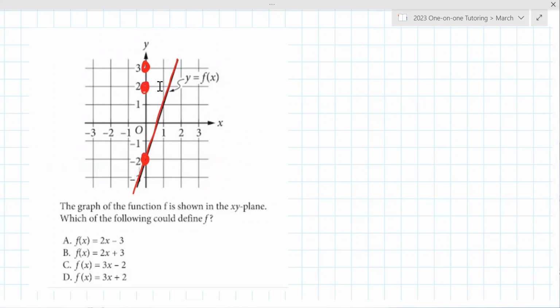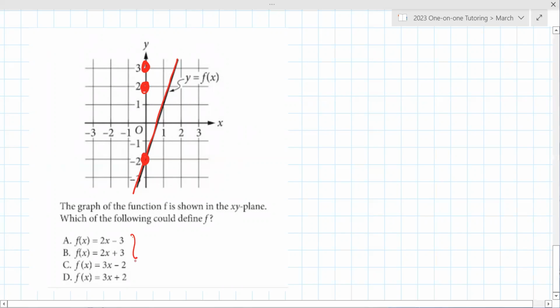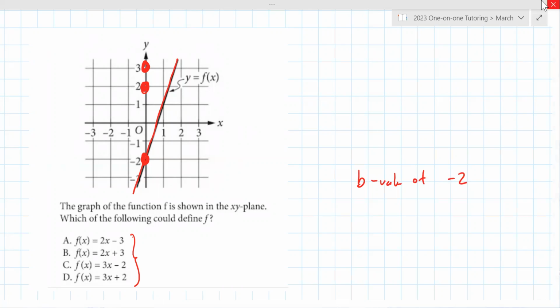Okay. Well, which of these 4 answers has a b value of -2? B value of -2. 3.